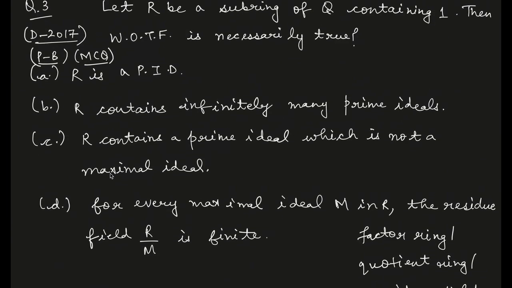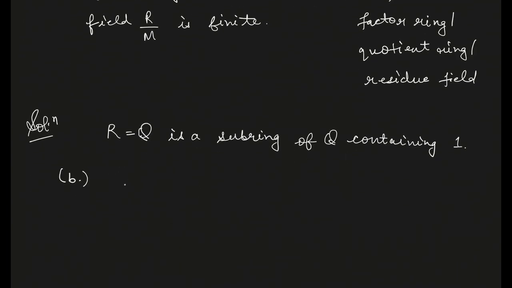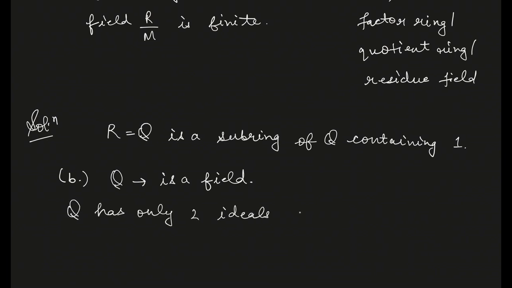Option B is saying R contains infinitely many prime ideals. Rational numbers is a field, and we have discussed that if there is any field then it contains only two ideals. Q has only two ideals, the 0 ideal and the rational numbers itself.